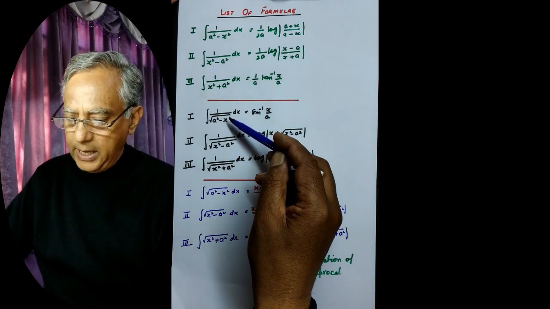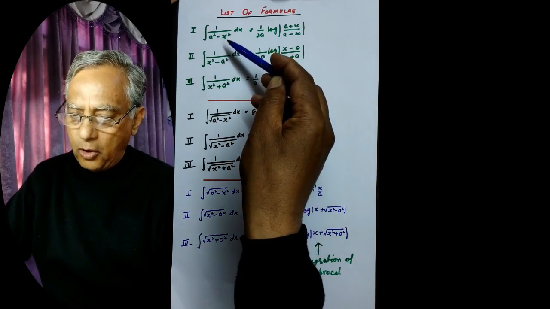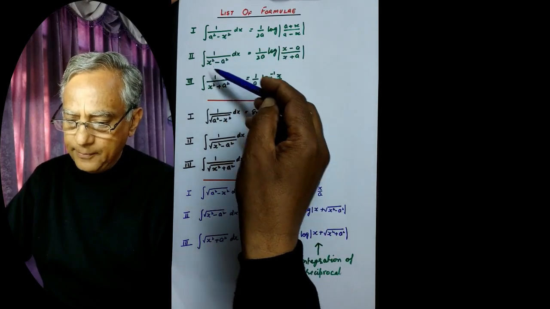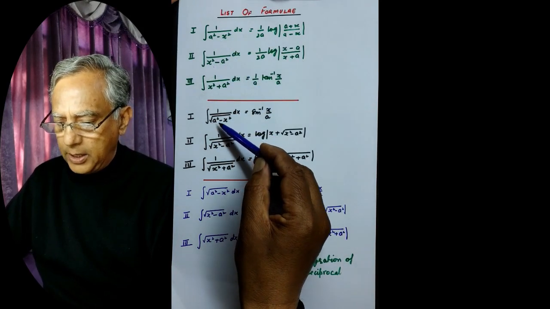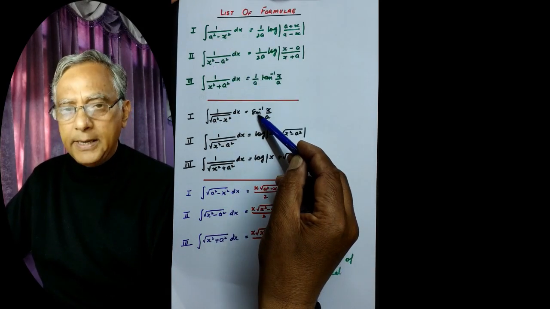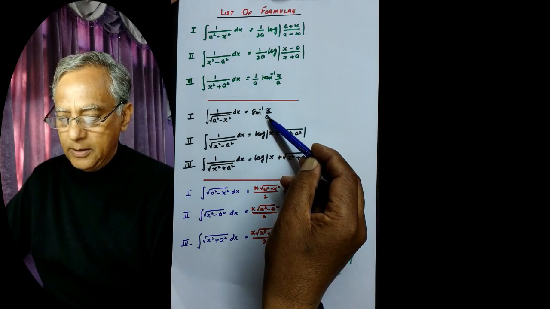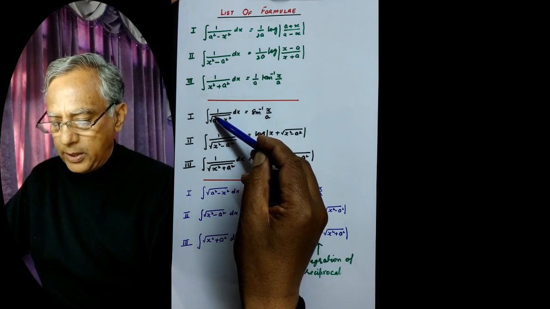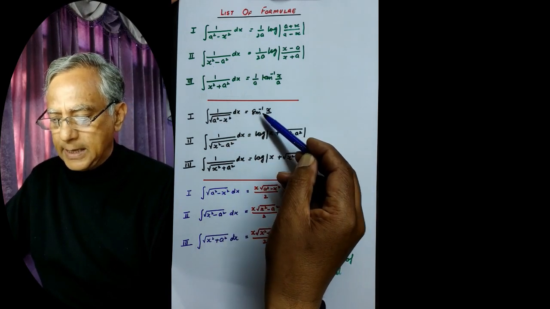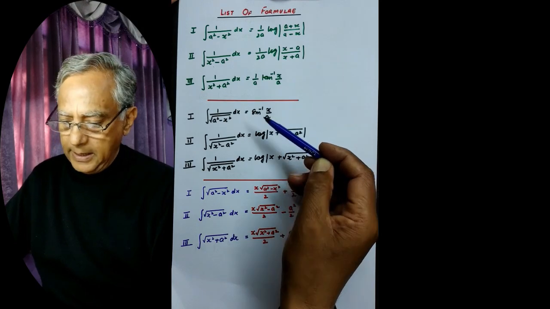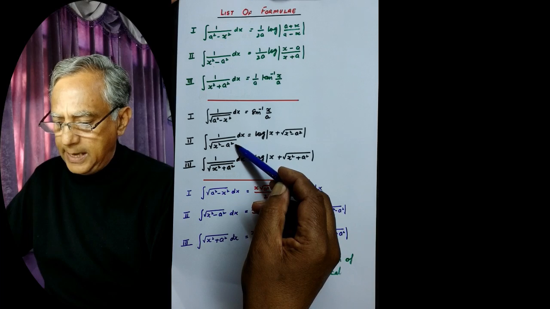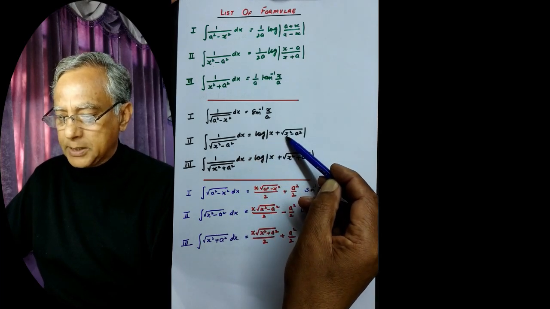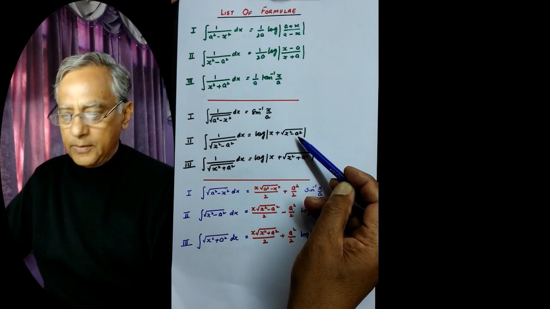And now we have 3 formulae for the root of each of these terms. 1 over under root a square minus x square dx is sine inverse x by a. And for 1 over under root x square minus a square dx, we have log of x plus under root x square minus a square.